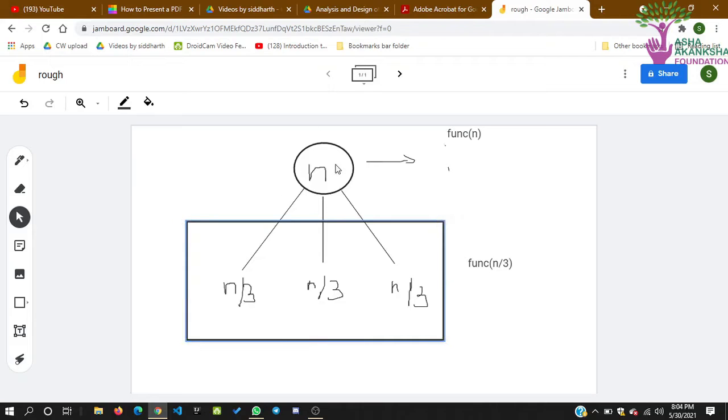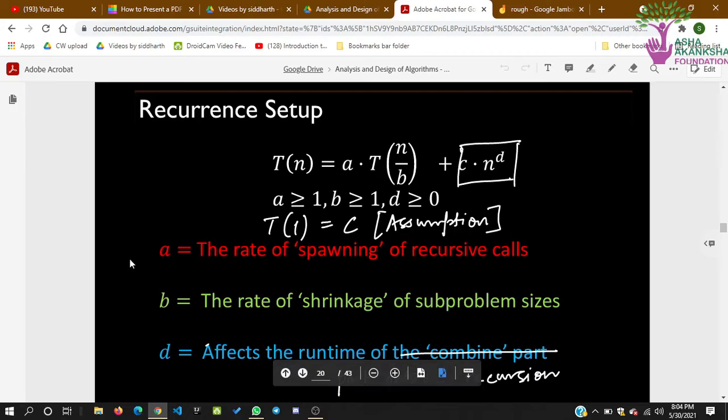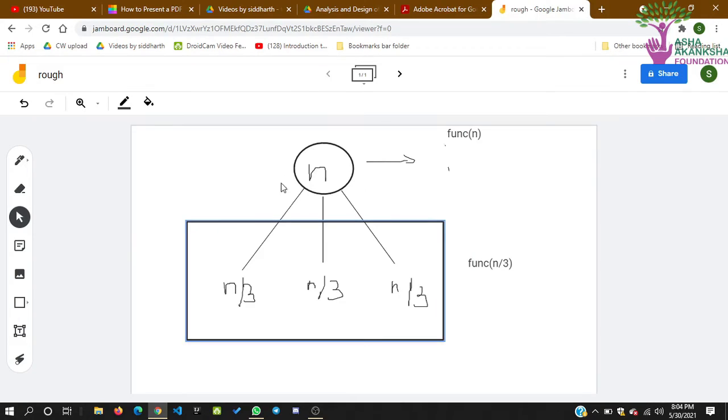We are just given a main problem. When we say that the value of a is equal to 3, it means that this main problem will spawn 3 more problems. All we need to know is that this one problem will spawn 3 more problems that need to be solved, and that is called the rate of spawning.